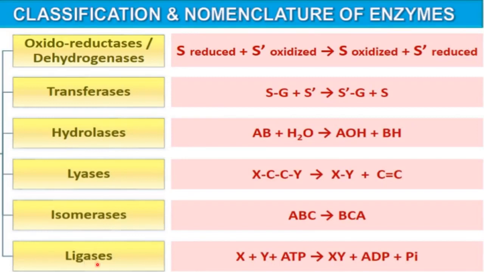The next class of enzyme is ligases, and these ligase enzymes catalyze the linking together of two compounds. So X plus Y, X is a compound and Y is a different compound, and here the ligase enzyme helps in linking of X and Y. With the utilization of energy, this ATP is providing energy for the linking of X and Y, and the ligase enzyme will catalyze the reaction.